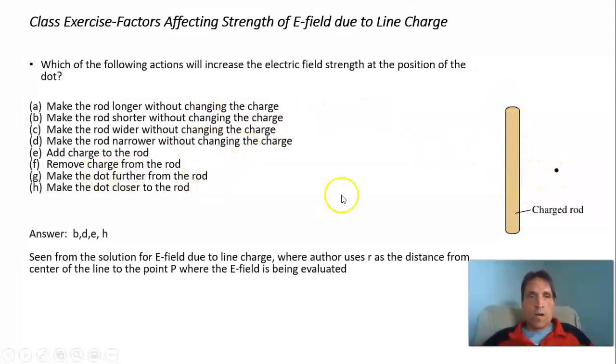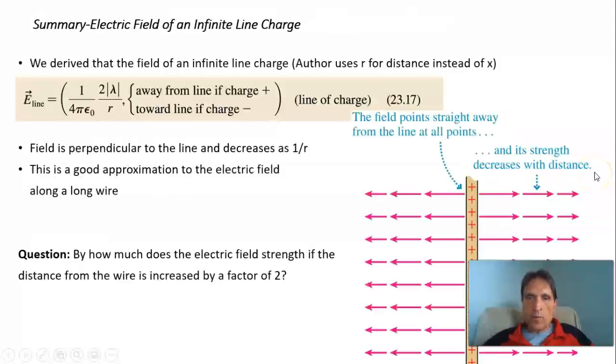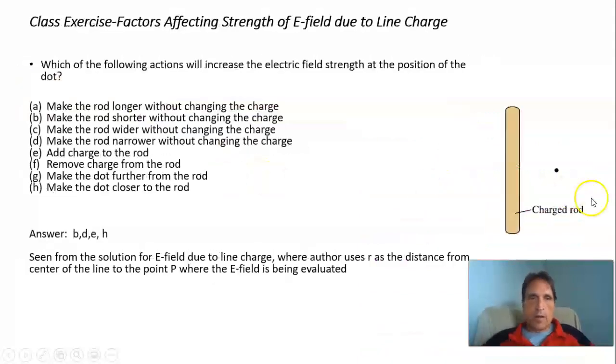So what about if we move the dot further from the rod? Okay, well, increasing the distance from the rod will make the electric field smaller, right? Bigger R, smaller field. Making the dot closer to the rod. As we get closer to the rod, R is smaller, electric field is bigger.